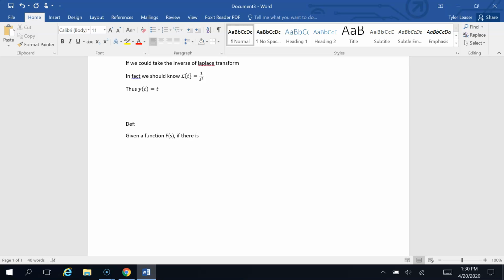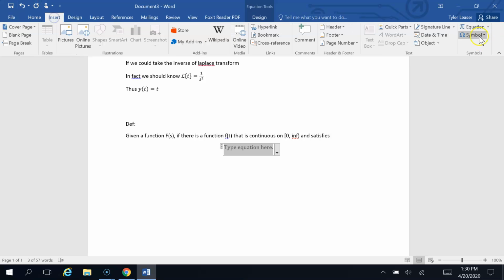Given that, if there is a function little f of t that is continuous on that interval that we always do, 0 to infinity, and it also satisfies the normal definition for the Laplace transformation, and if I were to take the Laplace transformation of this little f of t, it would give us that big F of s, then we say that little f of t is the inverse Laplace transform of big F.